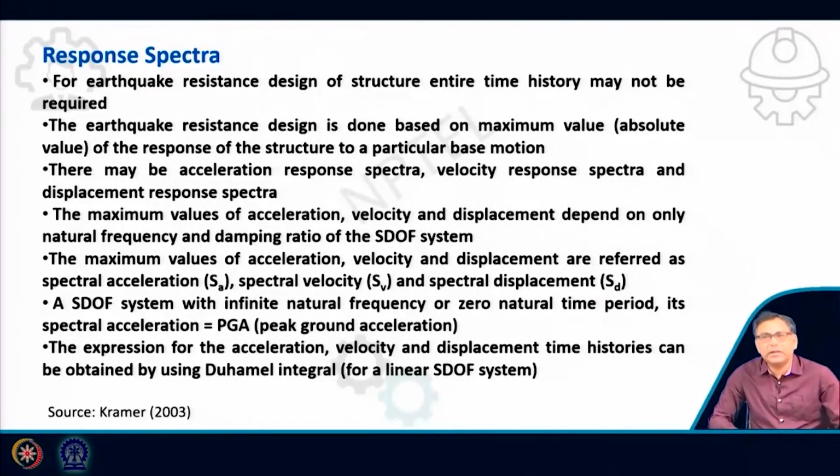Remember that these are not the true acceleration or velocity, but they are very close to the true value, and often spectral acceleration is represented by pseudo spectral acceleration and spectral velocity is represented by pseudo spectral velocity.